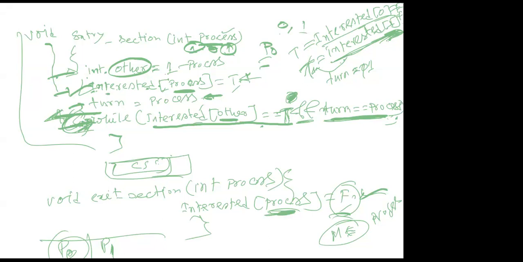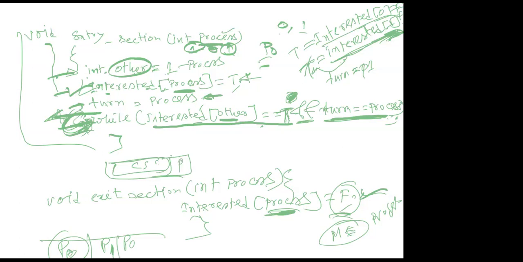Then process P0 is scheduled by the CPU and executes this line again. It checks that other is T, but turn equal to process is not true because process P0 is 0.